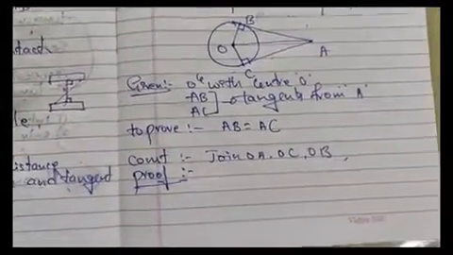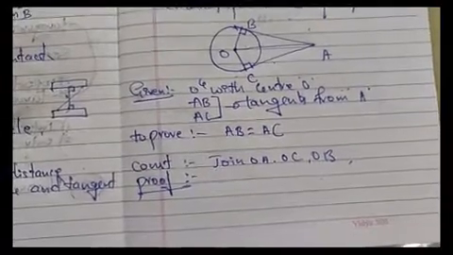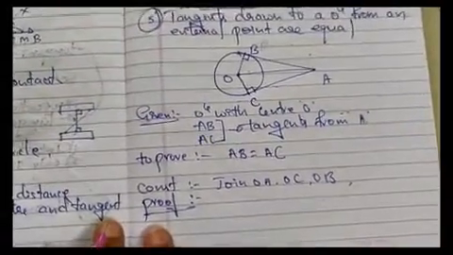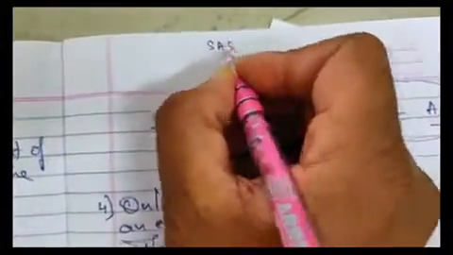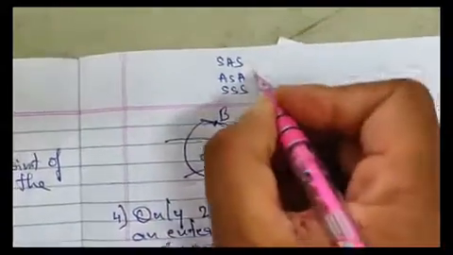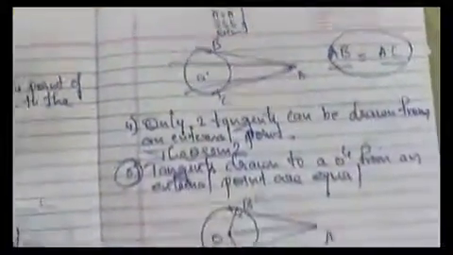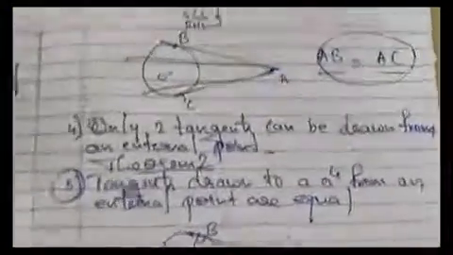Can we prove these two triangles are congruent to each other? To prove congruency, we have different postulates. What are the different postulates? We have SAS postulate, ASA postulate, SSS postulate, and last RHS postulate. In the last class on triangles, we have already studied these postulates.